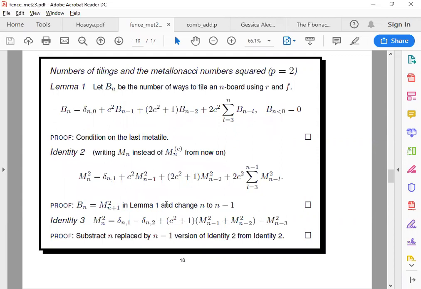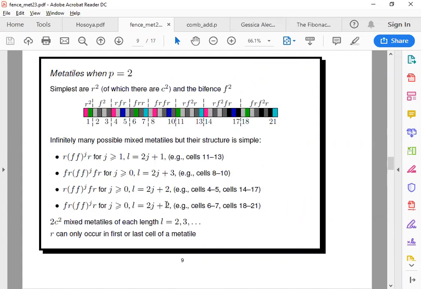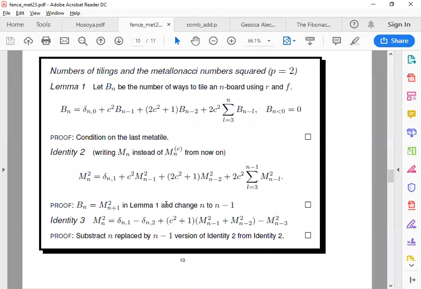Well, we let Bn be the number of ways to tile an n board using R and F when p equals 2, and we condition on the last meta tile. This one here corresponds to this meta tile here, the R squared meta tile, and then we've got F squared, which is length 2, which gives us 1 here, and we've also got mixed meta tiles, 2c squared in number, and then we sum over all the other lengths of meta tiles.